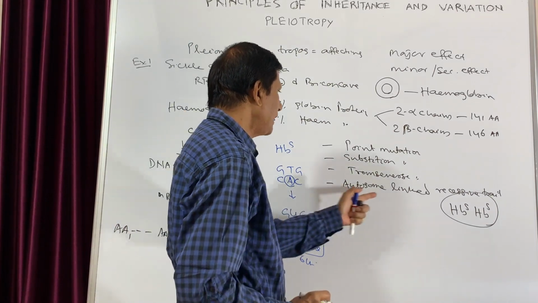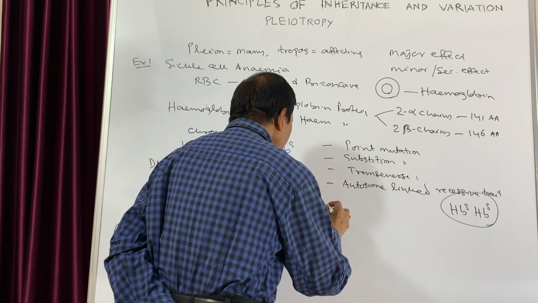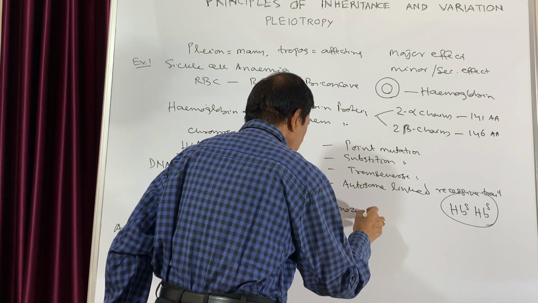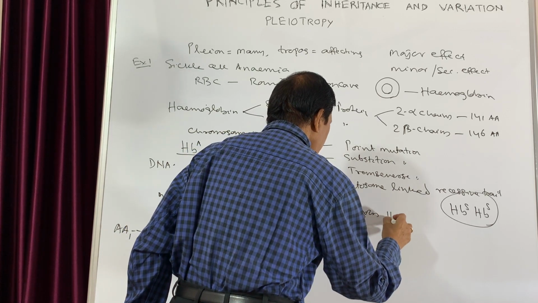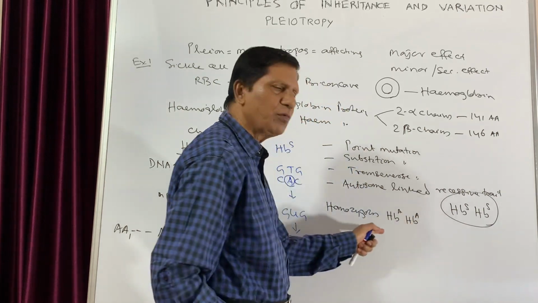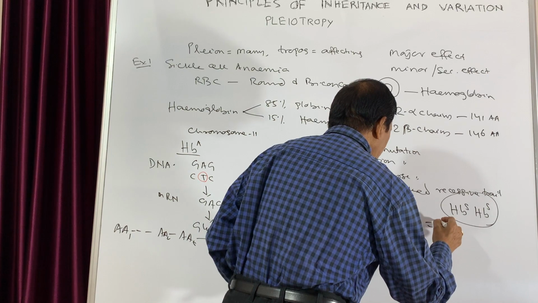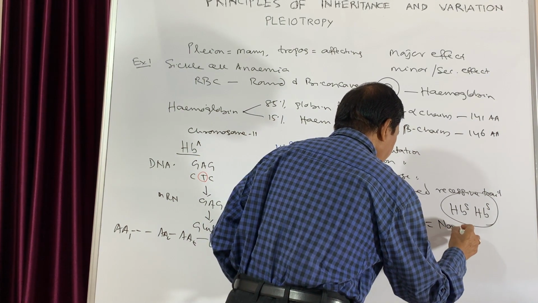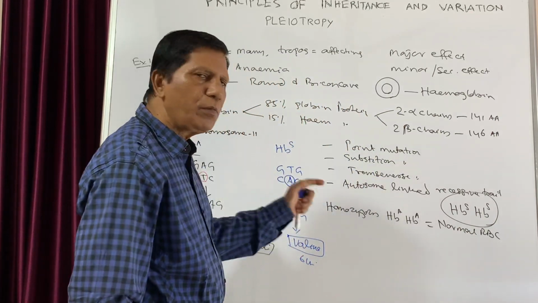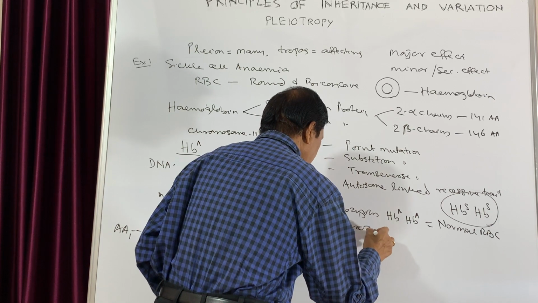Now when it is changed to this, what happens? Now let us see. If in one person there is a homozygous HbA and HbA, that means both the alleles are the same, then the RBC is normal. Suppose it is heterozygous.